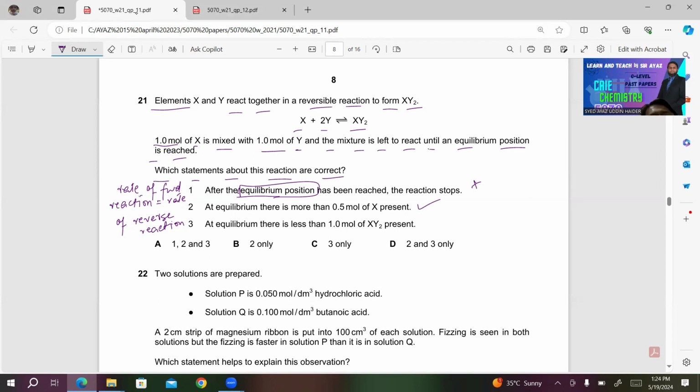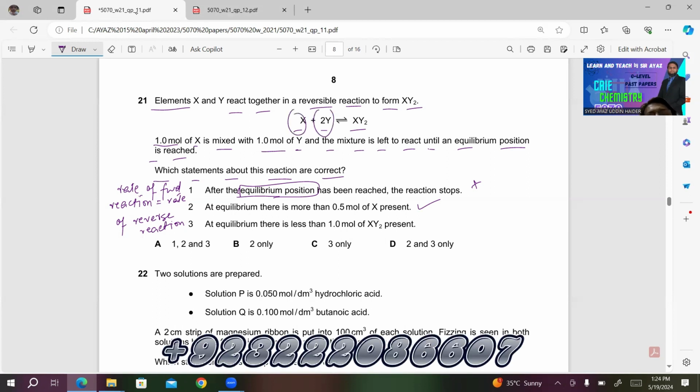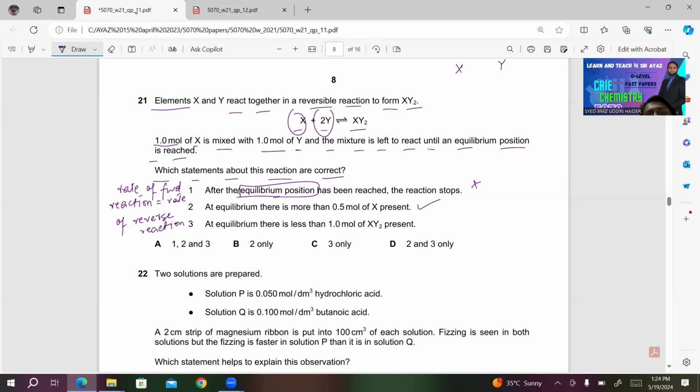Now, if you look at the mole ratio of X and Y, according to the reaction equation, the mole ratio of X and Y is 1:2. But they are saying 1 mole of X is mixed with 1 mole of Y. When we say 1 mole of Y, if you want to calculate, you can calculate moles of X. It must be X is equal to 1/2 or 0.5 moles.